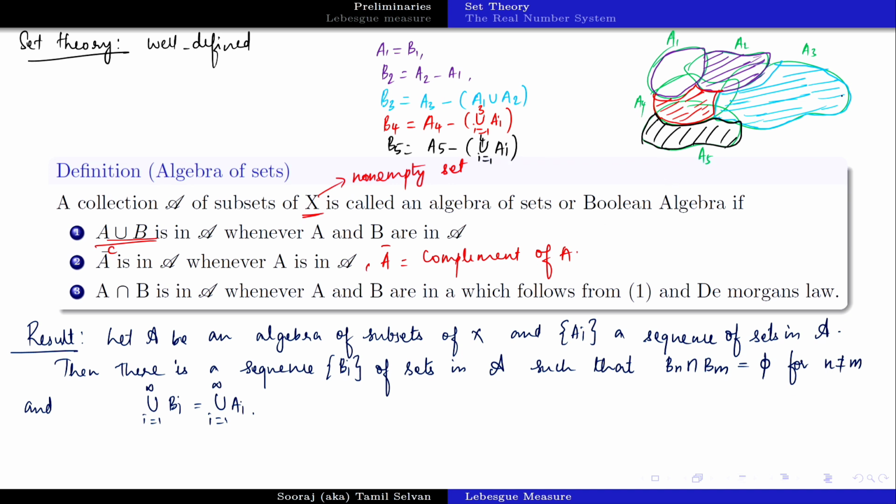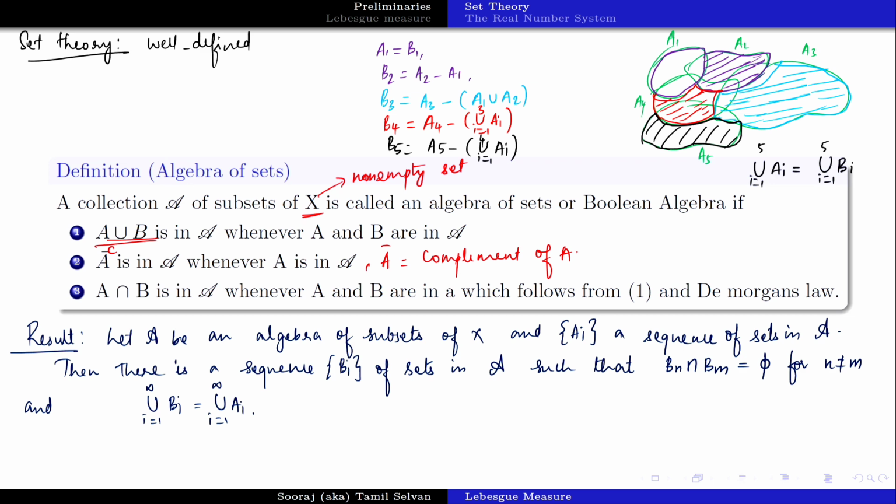Now, when you make the union of all these things, you can very well see that union i runs from 1 to 5 a_i is the same as union i runs from 1 to 5 b_i. Whether you are given disjoint sets or not is not a bother to you. You can always disjointify them. That is the idea given in this result. We will make use of this result in the upcoming theorems, lemmas and propositions that we are going to do.